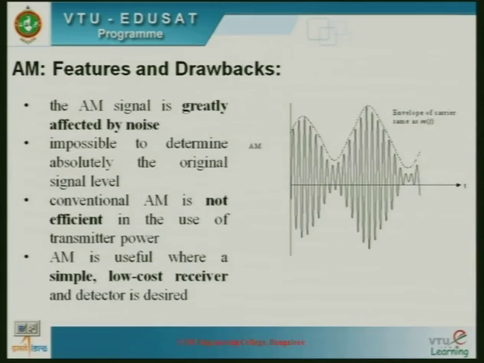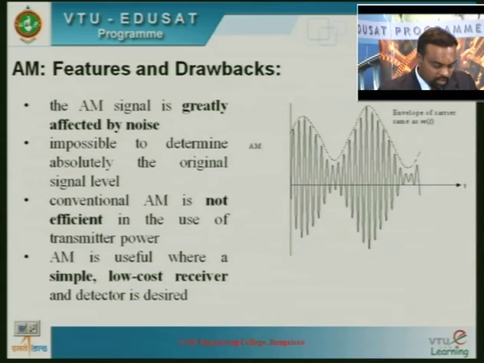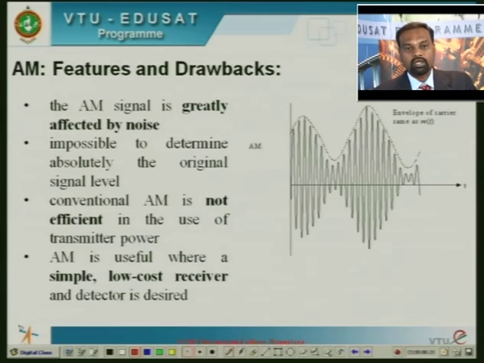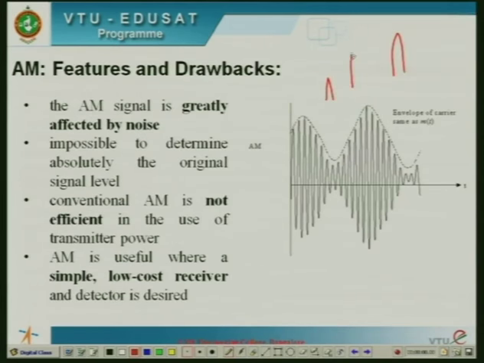Why is that? Suppose you take an AM signal, and you have noise available in the channel, say a peak or a pulse, or a small amount of noise like this.